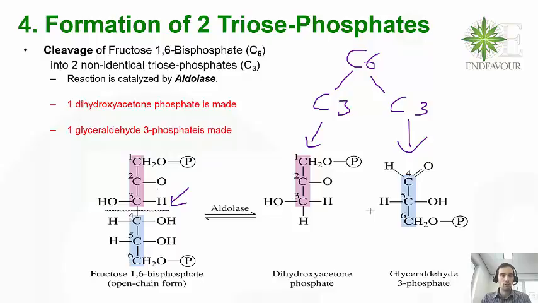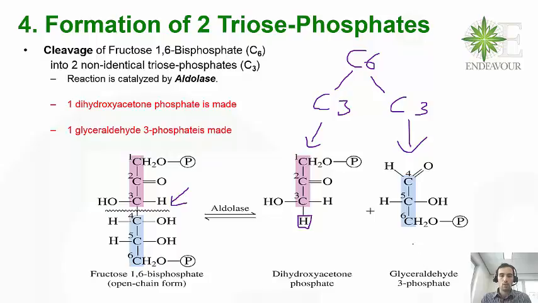Half of our compound here in the pink color is dihydroxyacetone phosphate. Where it was attached to carbon, it has now accepted a hydrogen in its place. Whereas what's in green is the glyceraldehyde 3-phosphate.